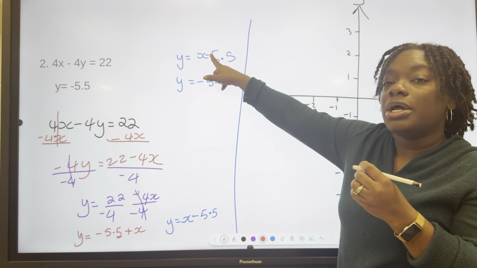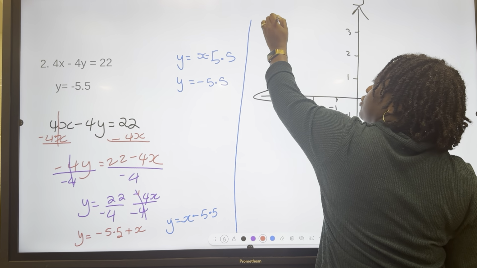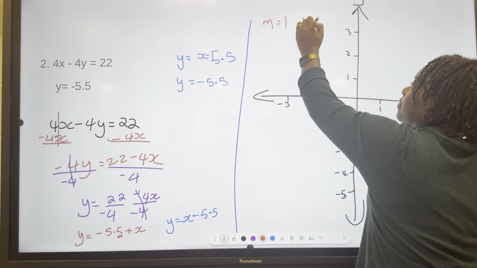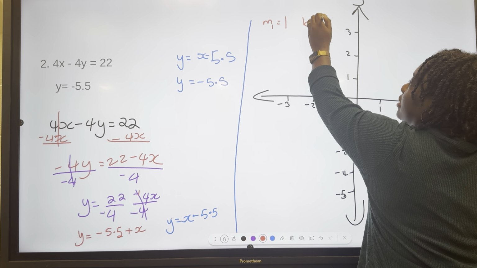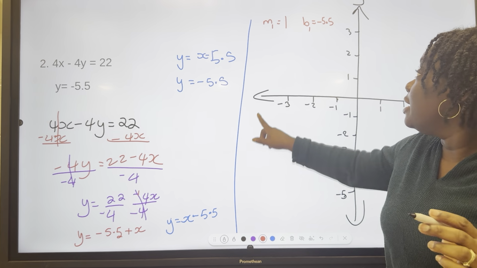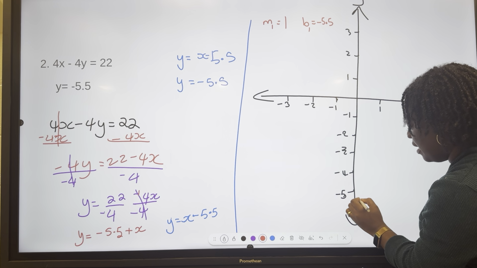So for my first one, my m is going to be 1, right? And my b is going to be negative 5.5. What does that mean? It's touching my y at negative 5.5.